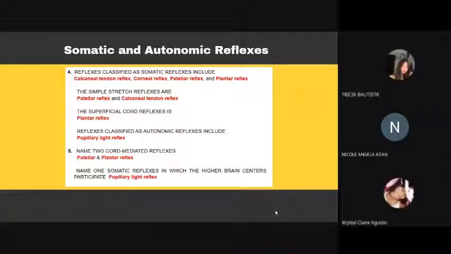Reflexes classified as autonomic reflexes include pupillary light reflex. For 5, name 2 cord mediated reflexes, and those are patellar and plantar reflexes. Name 1 somatic reflex in which the higher brain centers participate, and it is pupillary light reflex.